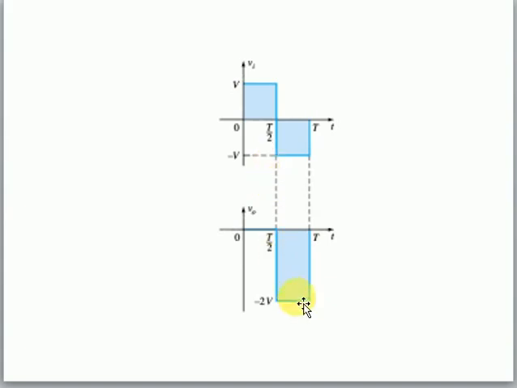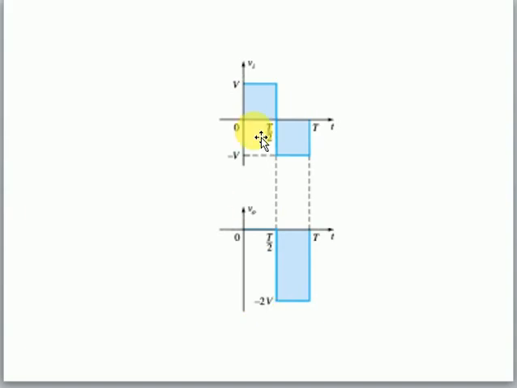From this you may see the whole cycle: the peak to peak value of the input, the total value, is 2V. One peak is V and the other peak is also V. At the output side, again the peak to peak value is 2V. Regardless of the polarity, we simply add up the peak values.